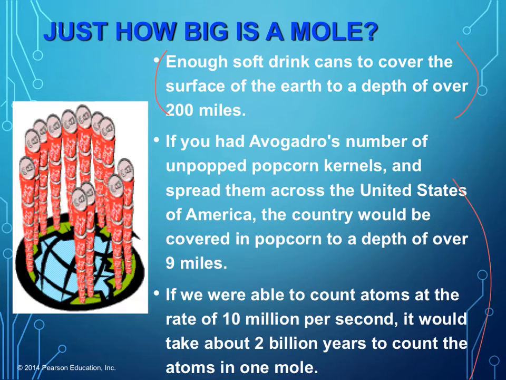But that's a huge amount. So what does that tell you about the size of atoms and molecules? So as you'll see a little bit later, a mole of atoms or a mole of molecules can be as little as just a pinch or a sprinkle. So that tells us the atoms and molecules are so small, almost beyond comprehension.